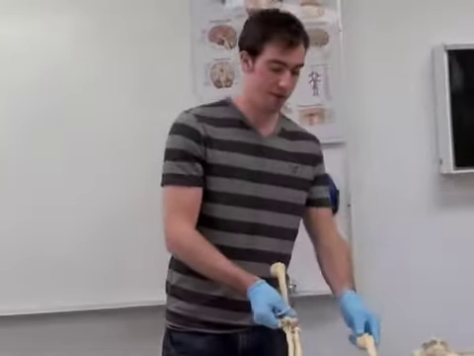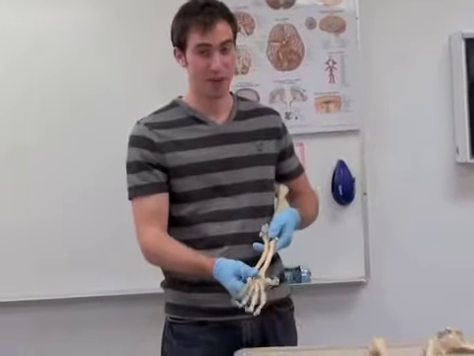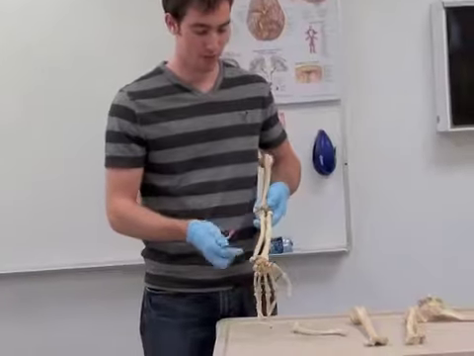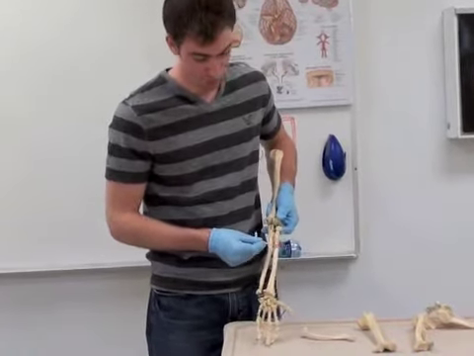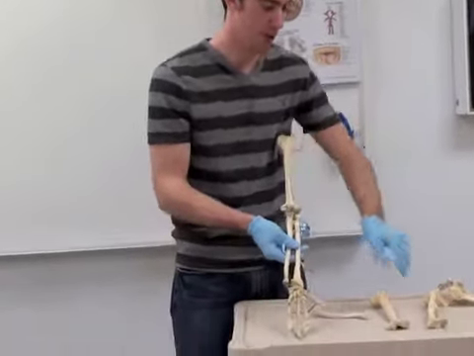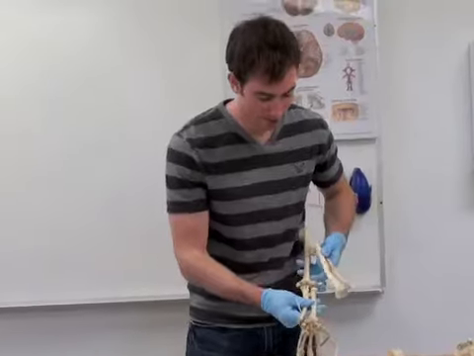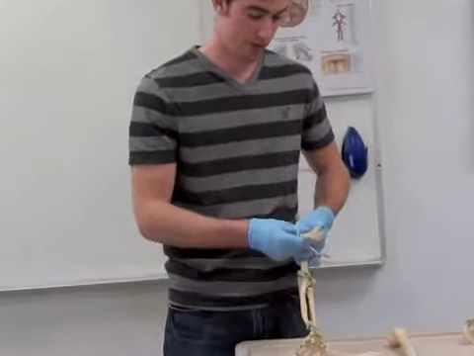So now, we'll move on down to the antebrachium, or the forearm, which is comprised of the radius and the ulna. So we can start looking at both of these models.